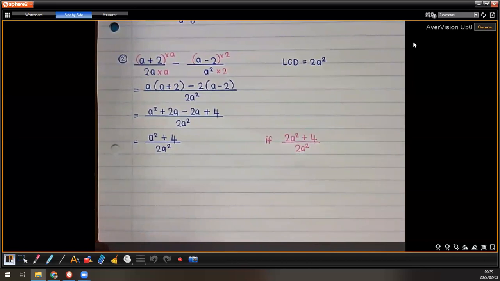I just want to show you something that you need to look out for. You need to recognize that if you take a 2 out as a common factor in that numerator, then you'll cancel out the 2 at the bottom. In that case, you would then have to factorize and simplify, which is the type of question that we did for homework yesterday.